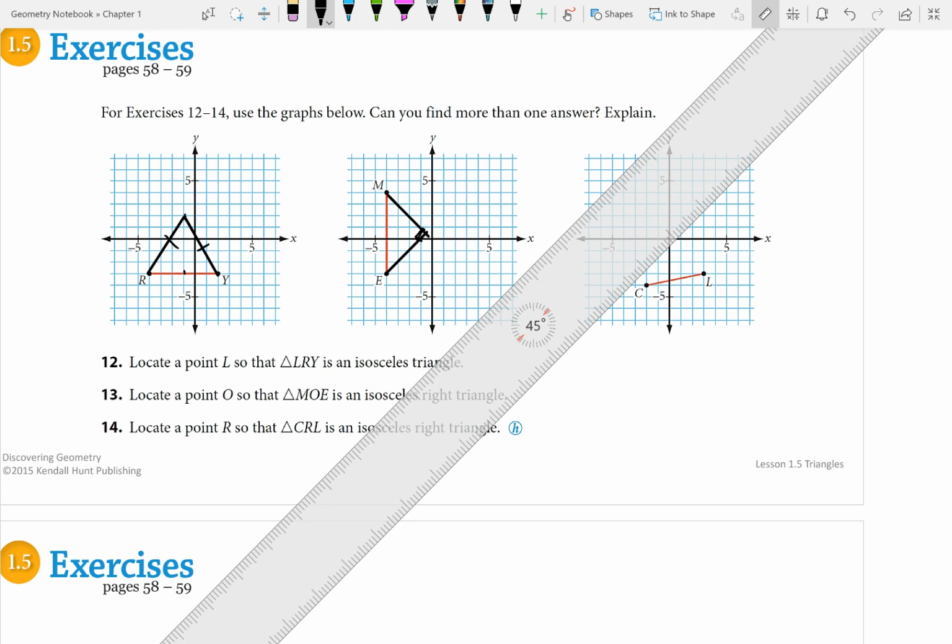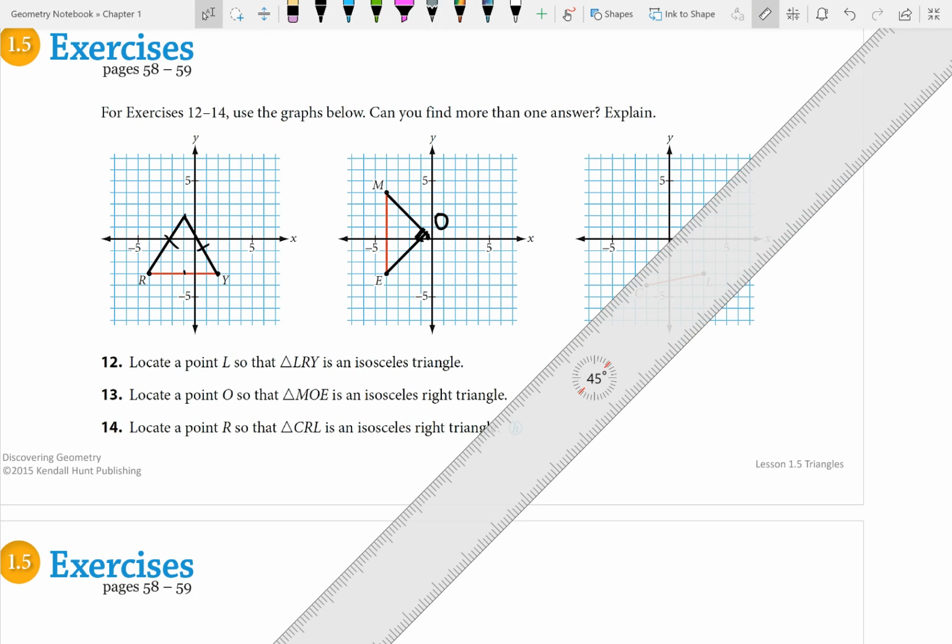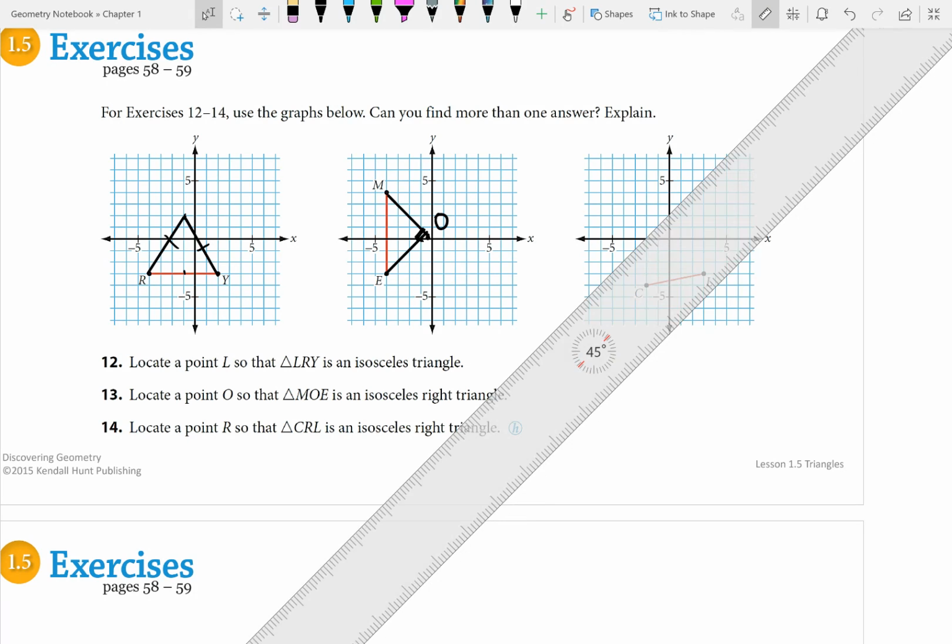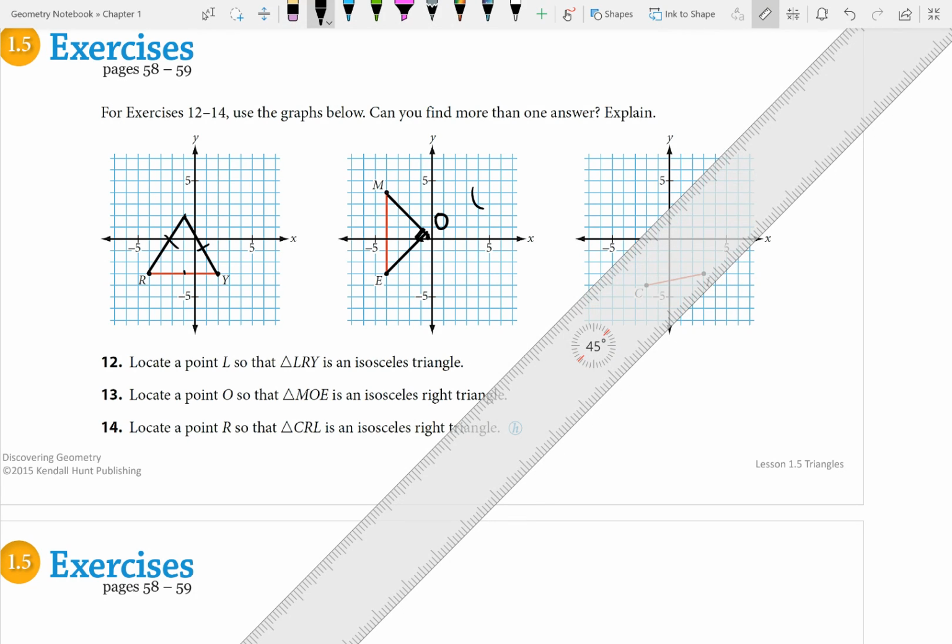And there we go. And that's going to be O. Cool. So where is that about? Looks to me like the X looks to be about negative 0.5, and the Y coordinate looks to be about 0.5. That would be the approximate location of point O.